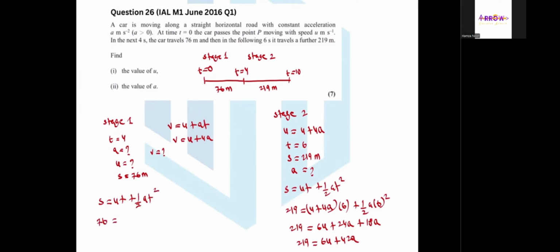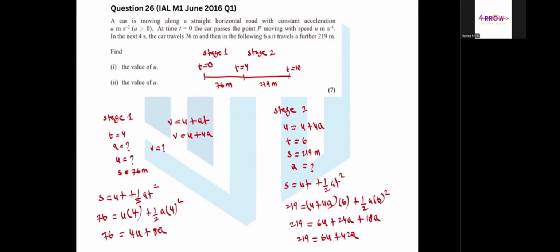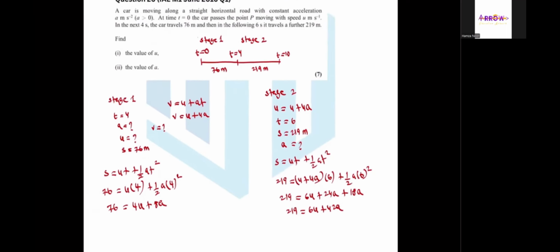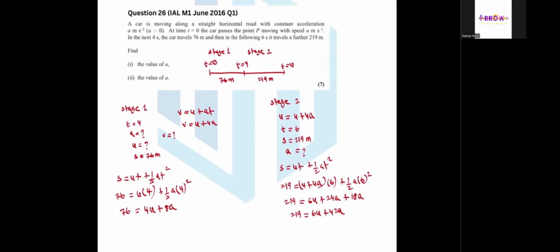So 76 is equal to u times 4, as we know that the duration of stage 1 is 4 seconds, plus half times a times 4 squared. So 76 is equal to 4u plus 16 divided by 2 is 8, so 8a.